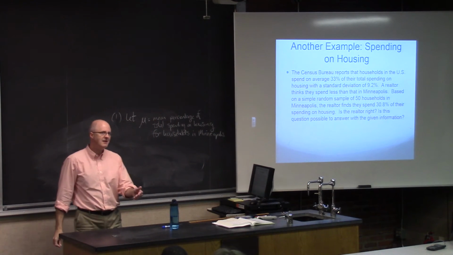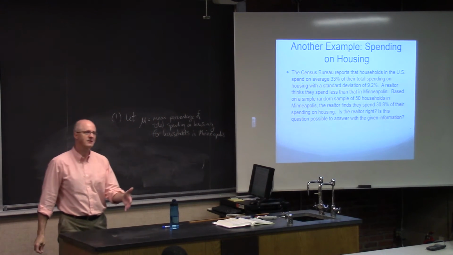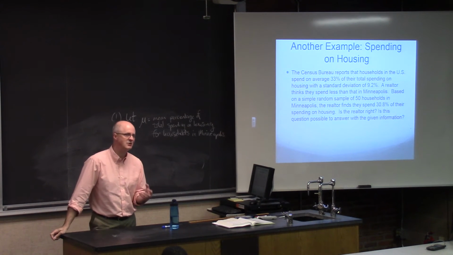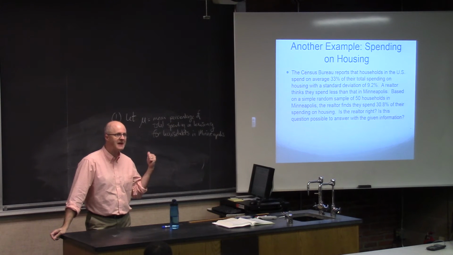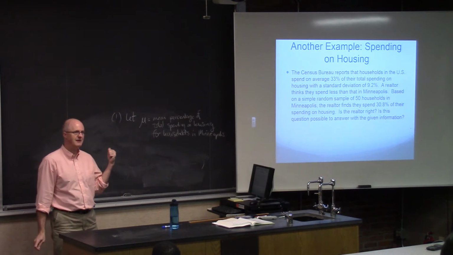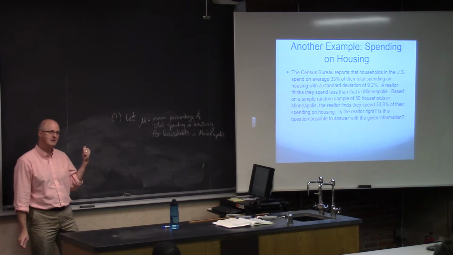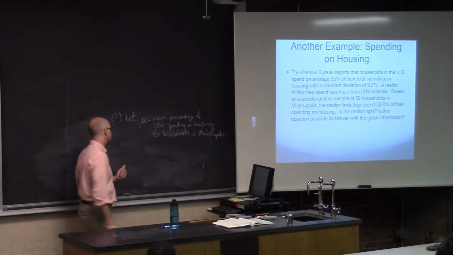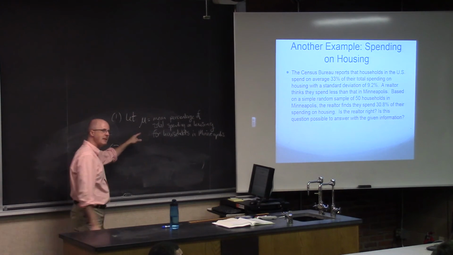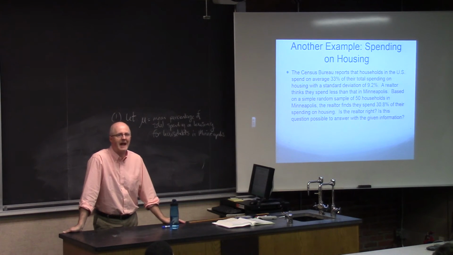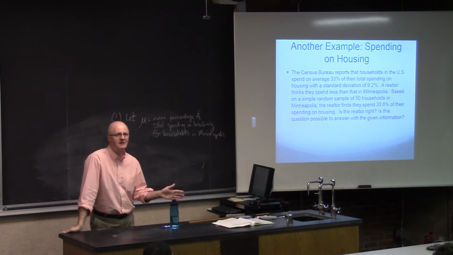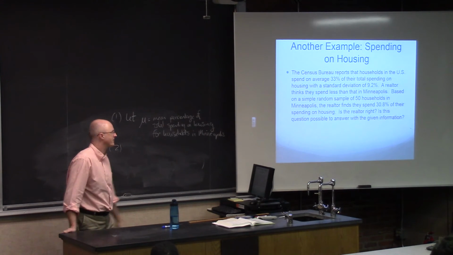For clarity, in communicating to the reader, for clarity and understanding things yourself, do this every time. Even if the book doesn't ask you to do it. As your first step, define the parameter you are testing. We're testing households in Minneapolis. So mu is a mean percentage of spending for households in Minneapolis.